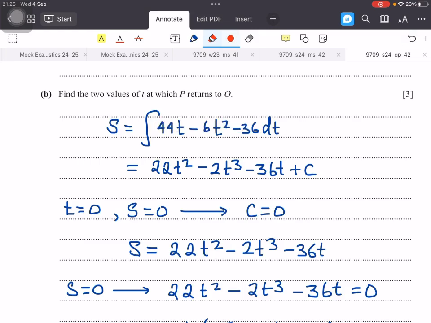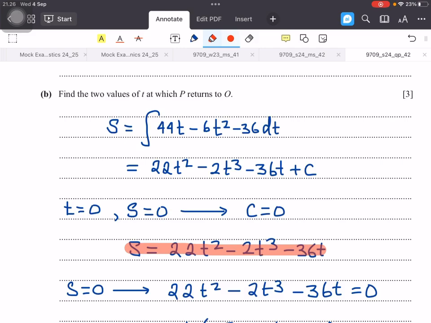So the integral of 44t minus 6t squared minus 36 dt is 22t squared minus 2t cubed minus 36t plus c. Since the particle when t equals 0 is at the origin, s equals 0, then the value of c is also equal to 0.